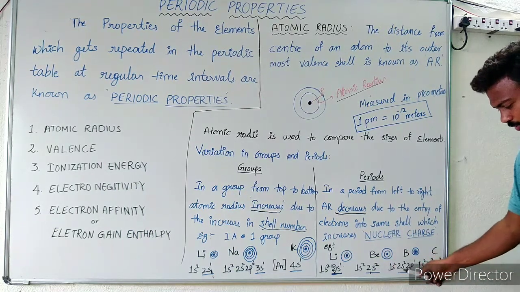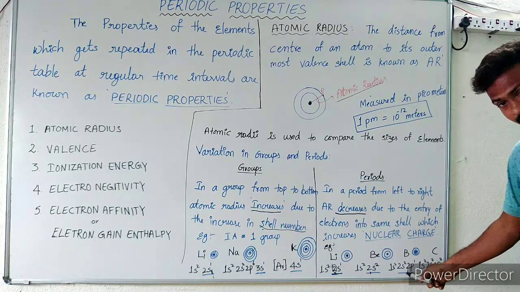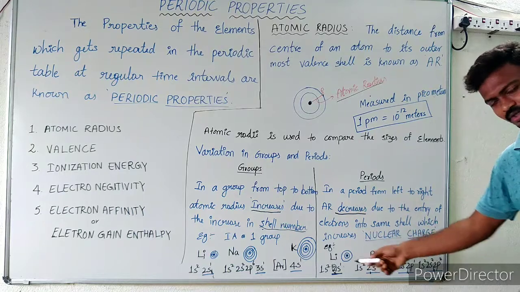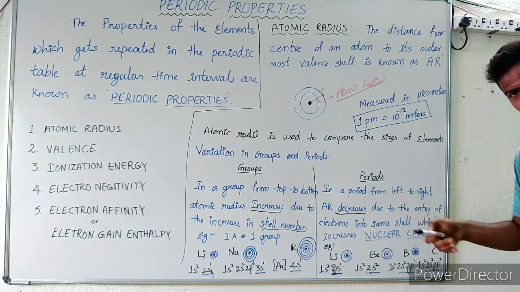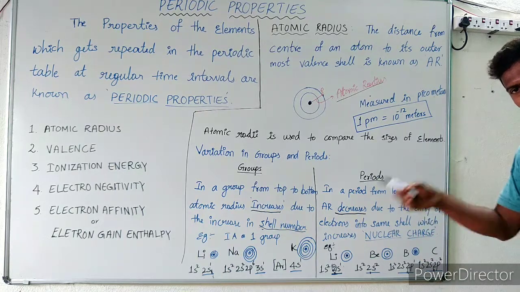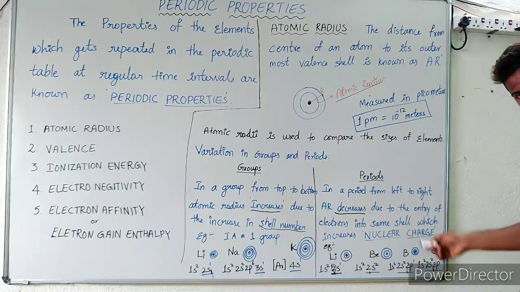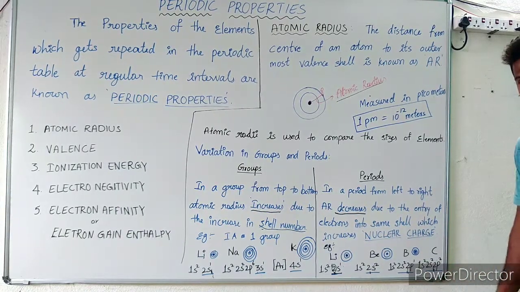If you go to boron, the electron has entered into the same second shell but into the p subshell. Earlier in these two cases it was the s subshell, but in the case of boron it is the same shell with a difference in the subshell, that is the p subshell. Next, carbon also has entered into the same second shell.